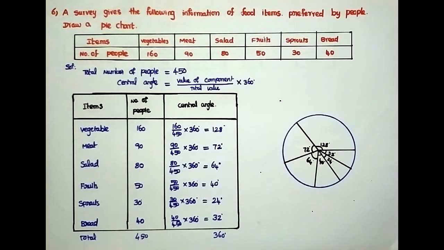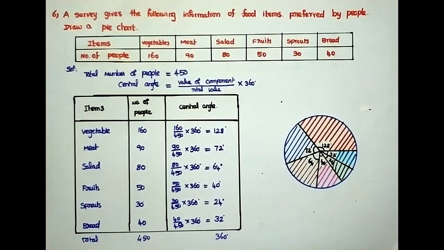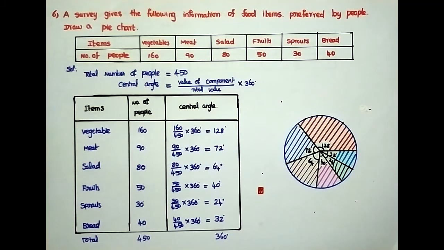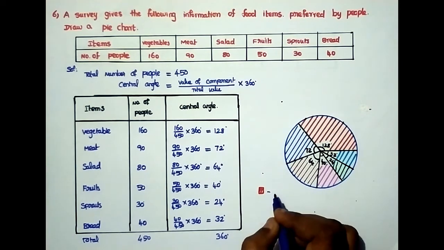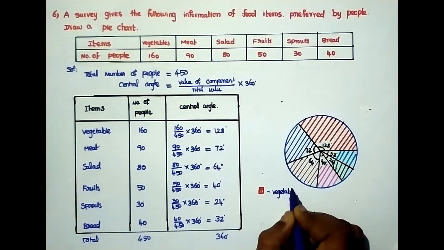Now shade with different colors or different shades, and we get the pie chart. Like this we have to shade, and then write down which one is this. Red color, that is vegetables.